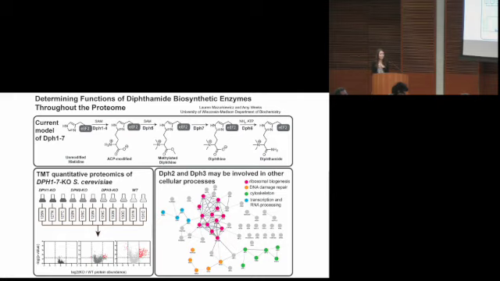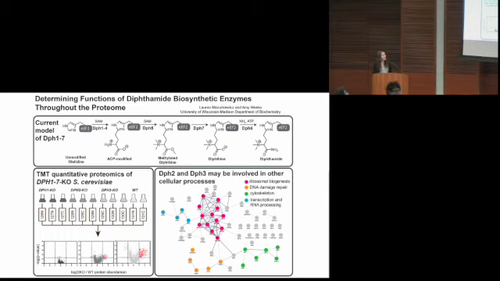I'm curious, is there any chance that they're actually adding this modification onto the proteins that you're implicating in the bottom right graph? Or do you think the function is fully independent of the diphthamide biosynthesis pathway?